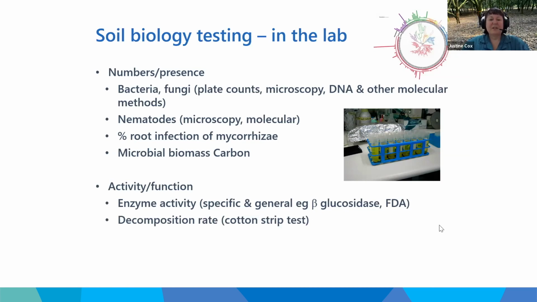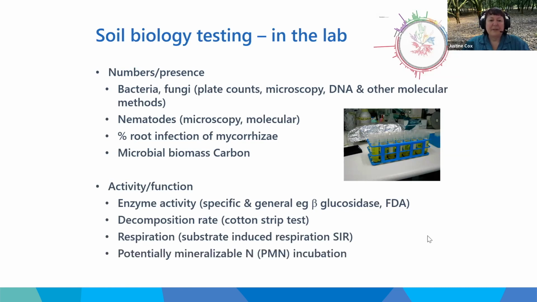We can do decomposition rate in the lab as well. We can get soil samples and put cotton strip tests in the soil in the lab. We can also measure respiration in the lab. Potentially mineralizable nitrogen: bring some soil back and estimate how much of the nitrogen will be mineralized under controlled conditions.